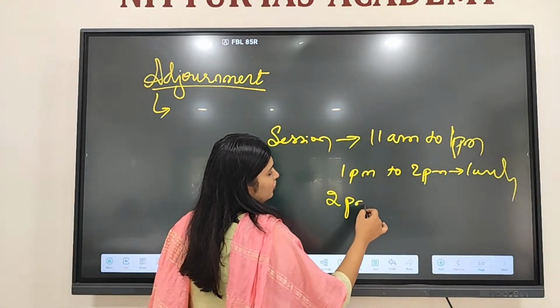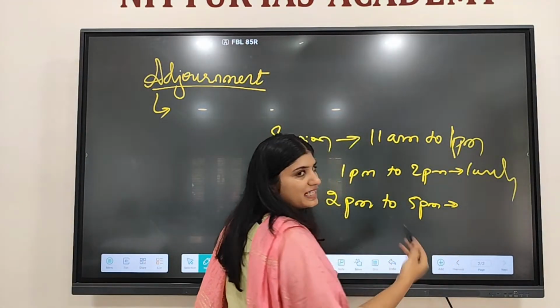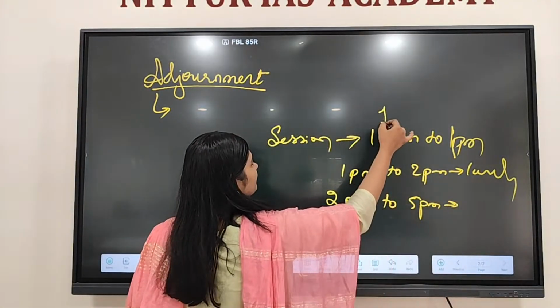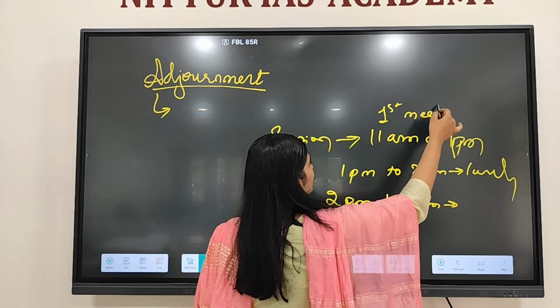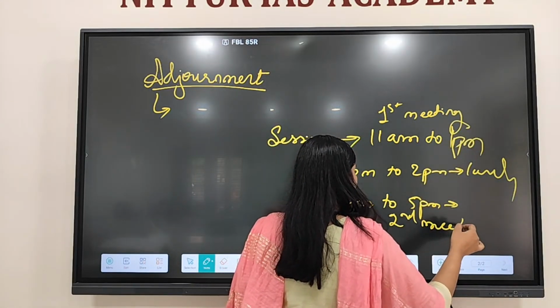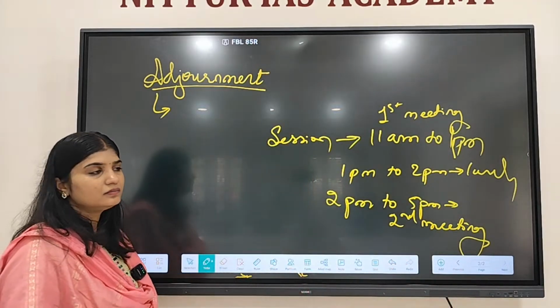Next, 2 p.m. to 5 p.m., again the next meeting, the second meeting. This is the first meeting. This will be a second meeting. Understood?